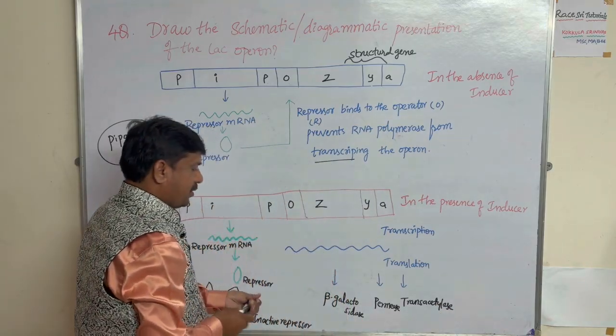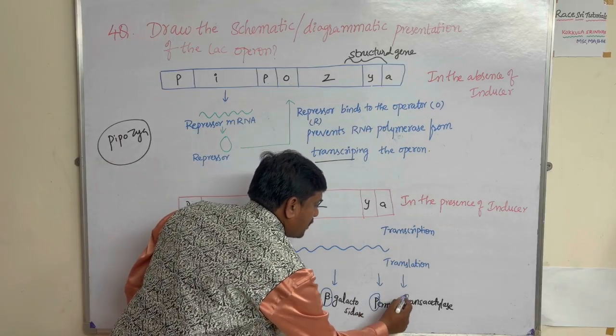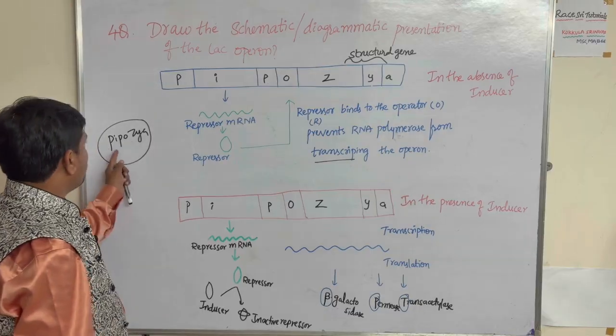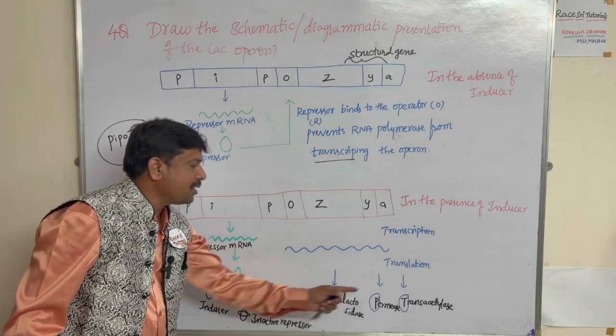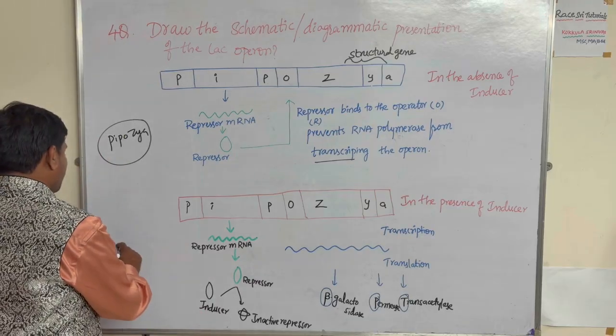So this is the identification code: BPT, that's it. So Z, Y, A are divided as B, P, T. If you know this code, we can write everything. BPT.